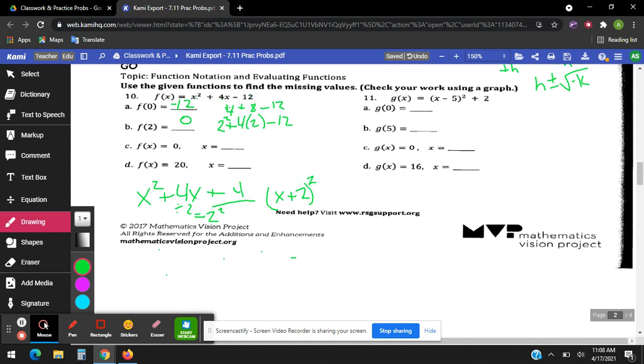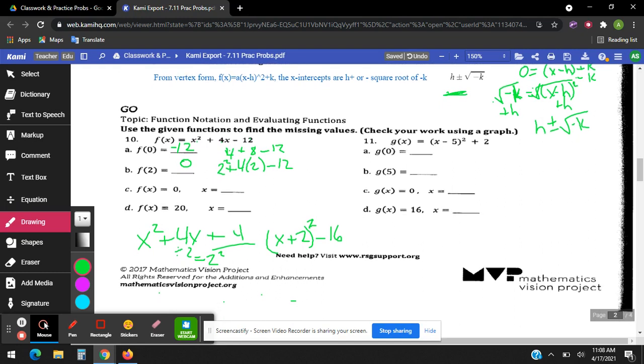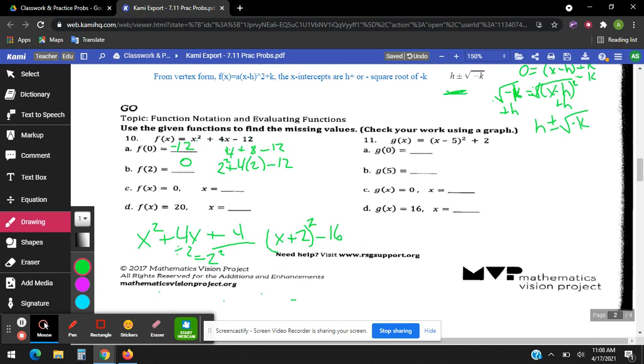And if I'm going from 4 to negative 12, that's a negative 16, right? Okay, so now let's go back to what we had up here. And so we want it to equal 0. So if it equals 0, then we take our h, which is 2, plus or minus is kind of what we were getting at, the square root of a negative 16, which is a positive. So 2 plus 4 equals 6. Here we go. 6.